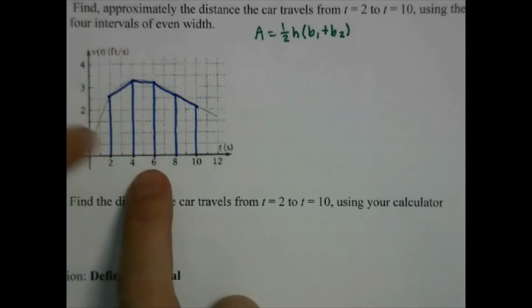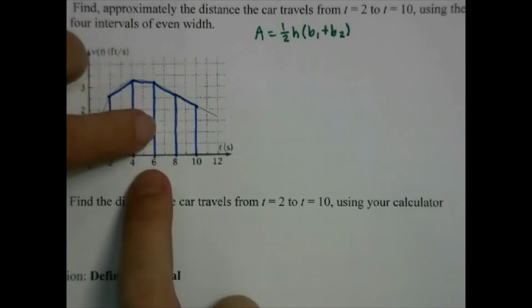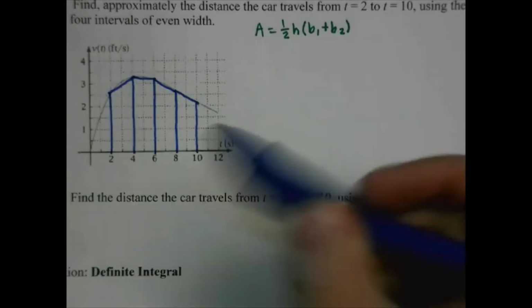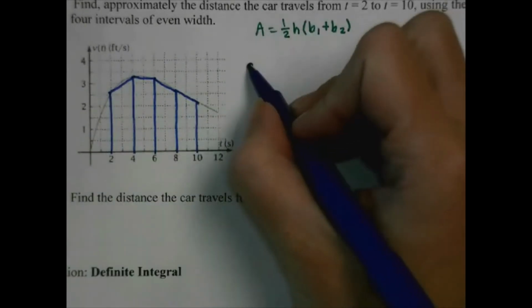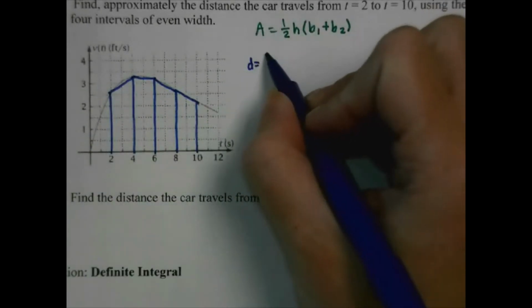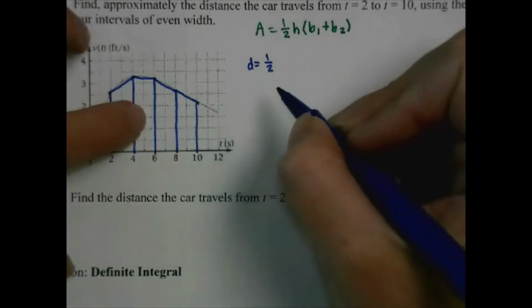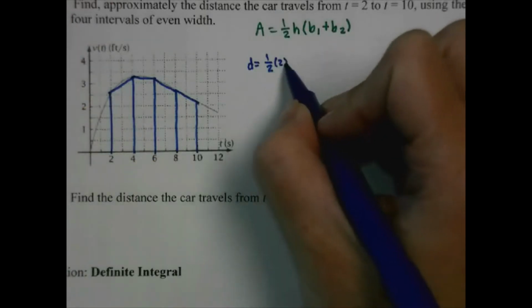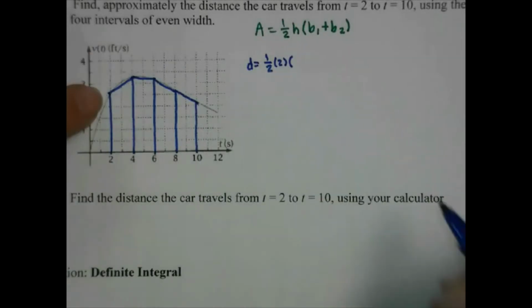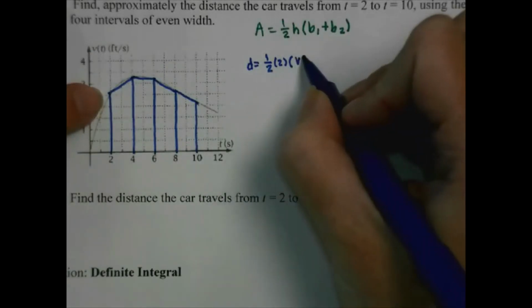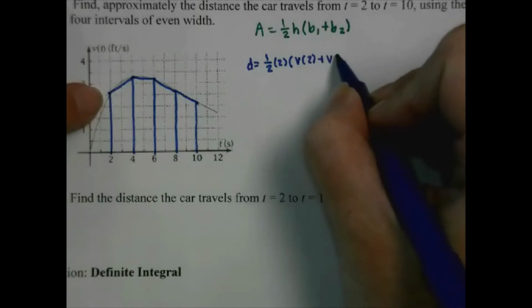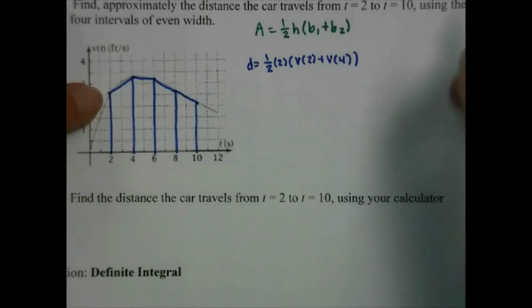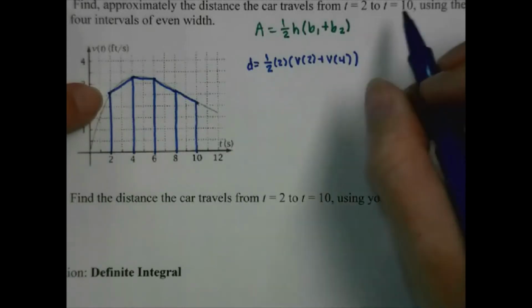So the bases are going to be those heights. The height of each of these trapezoids is going to be the distance between those bases. So we're going to have 1/2, and we're doing 4 of these formulas. The height is going to be 2. The sum of the two bases is going to be v of 2 plus v of 4. And we're going to repeat this for all of them.